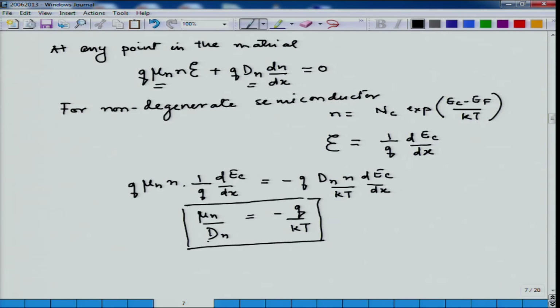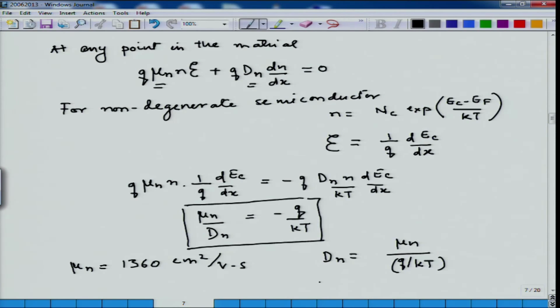So, in the earlier lectures, we have taken example for, let us say, the mobility of electrons is 1360 centimeter square per volt second, which would mean that at room temperature, if I want to calculate diffusion constant, it will be mu n divided by q over kT, and this kT over q is like voltage, and if I am calculating at room temperature, kT over q is given by 0.026 volts.